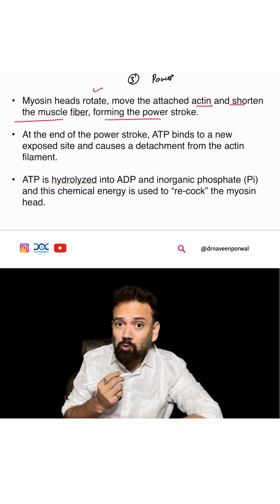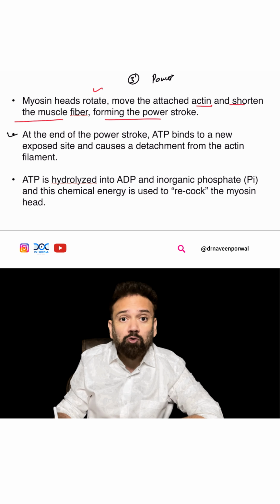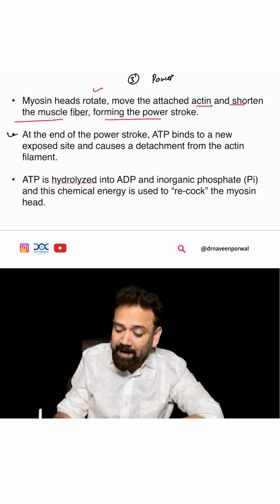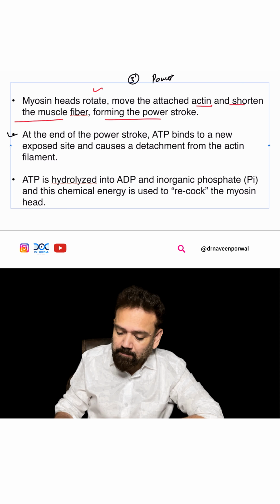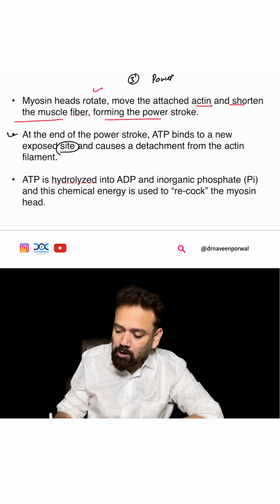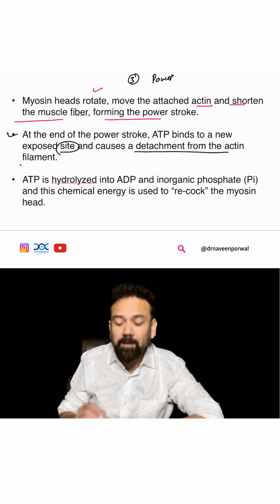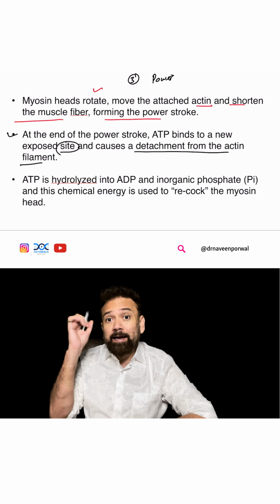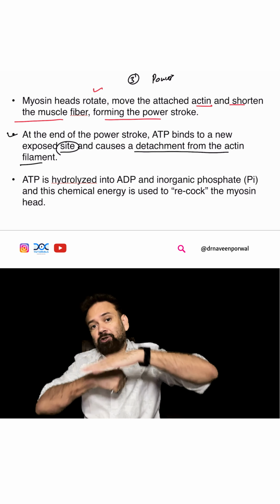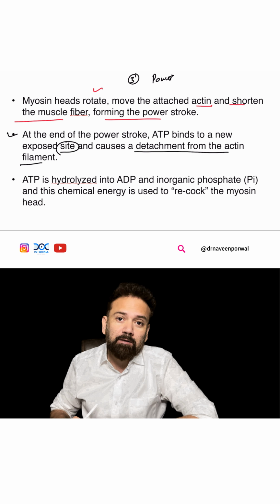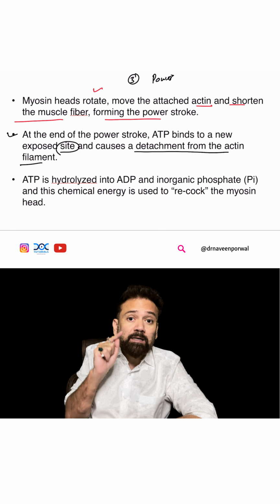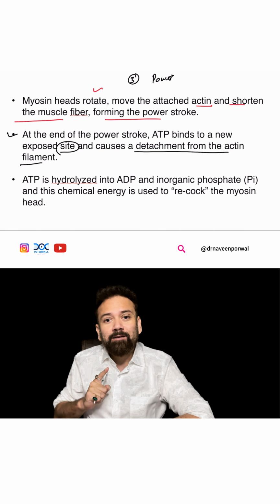It is because of the power stroke. At the end of the power stroke, ATP binds to the newly exposed site and causes detachment from the actin filament. After the power stroke, ATP will come and detach the head of myosin. So the head of myosin detachment is by ATP.